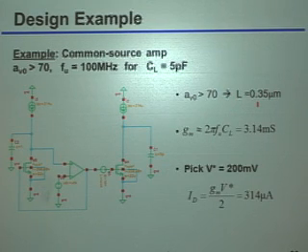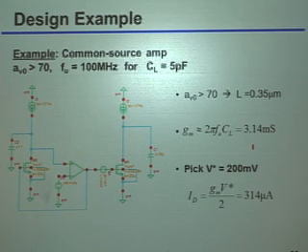Once I've chosen that channel length, then, in fact, even before I've chosen that channel length, I also immediately know, just based upon the frequency and the load cap, how much gm I need. Right? Because again, gm over C is always the gain bandwidth. And so I immediately know I need 3.14 millisiemens of gm.